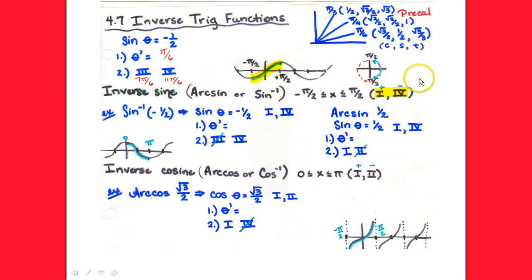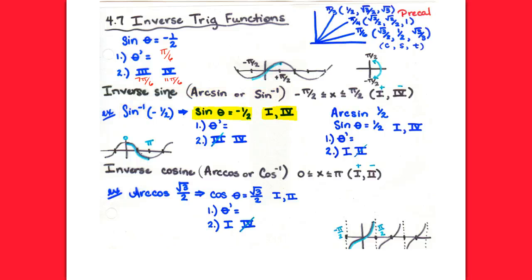I also know by the definition that my domain is restricted so that I'm only looking in the first and the fourth quadrant. So I get all of that from the definition. When I see inverse sine negative 1/2, I'll automatically know that means sine equals negative 1/2, and I only have first and fourth quadrants to choose from that definition.